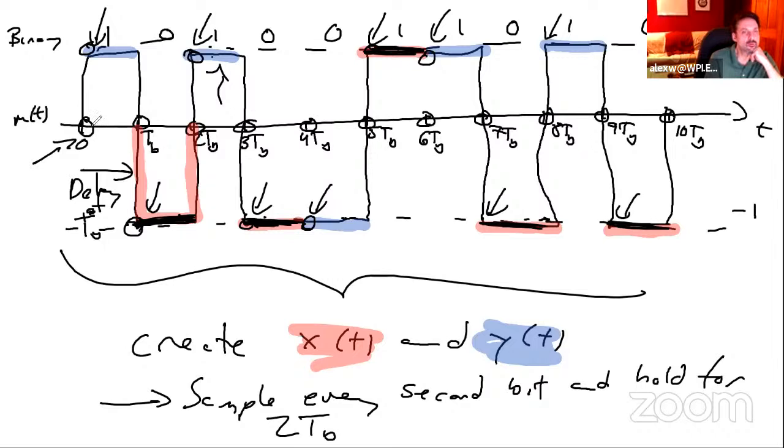So yeah, it's some sort of unit step function or a square wave that's shifted.